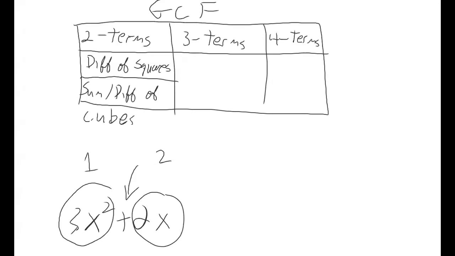And again, this table is on the OneNote, so if my horrible handwriting is not working for you, you can check there. So we still have to learn how to do those, but the only way you can do a 2-term problem is to know if it's a difference of squares or a sum or difference of cubes. In my opinion, those are the hardest because you either know them or you don't. If you know them, then they become the easiest, but if you don't know them, then there's no way to solve the answer. You have to know those 2 things.